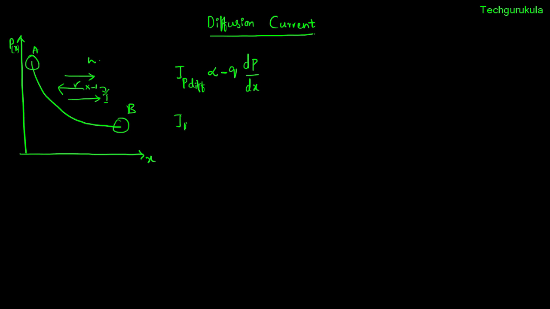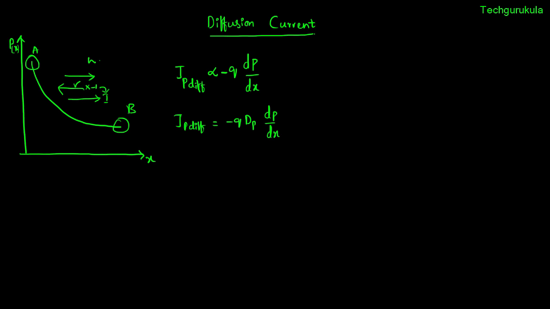Now we can take the proportionality constant here. Jp diffusion is equal to minus q Dp times dp/dx, where Dp is the diffusion constant of holes. So now p can be a function of space and time sometimes.